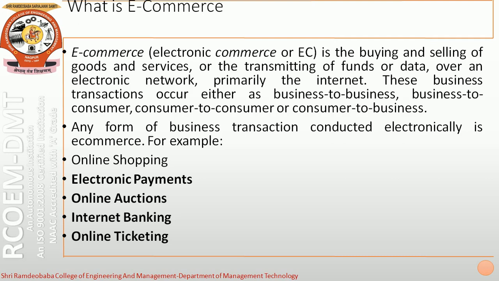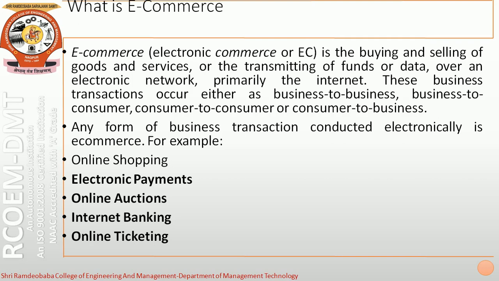So, these transactions can happen between two companies, between two organizations. Maybe there is a manufacturing company and they have a supplier. So, maybe that transaction between the supplier and manufacturer can take place digitally. Or maybe we can take the example of Amazon, where Amazon has a number of sellers, and any type of transfer of data or funds between Amazon and its seller is business to business.